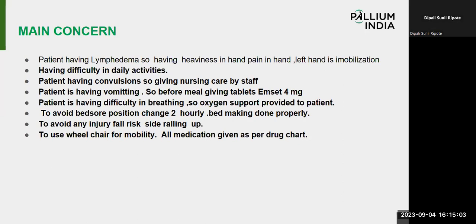Patient is having difficulty in breathing, so oxygen support is provided. To avoid bed sores, position change 2 hourly and bed making done properly. To avoid injury and fall risk, side rails up, and wheelchair used for mobility. All medication given as per the drug chart.